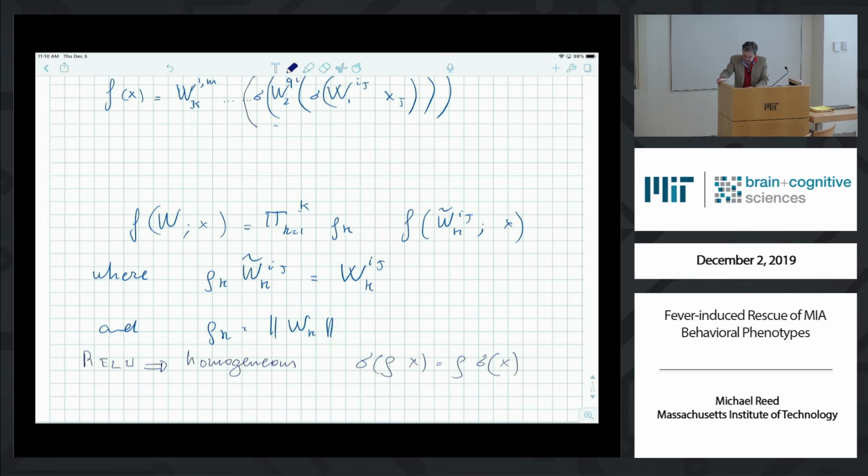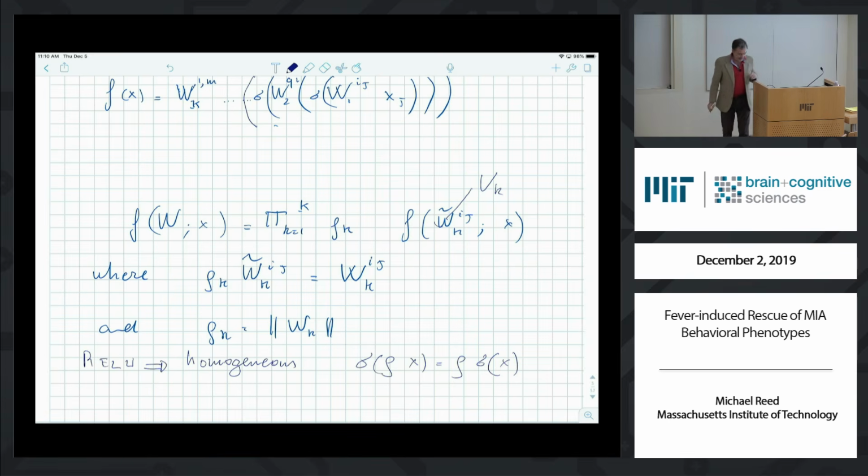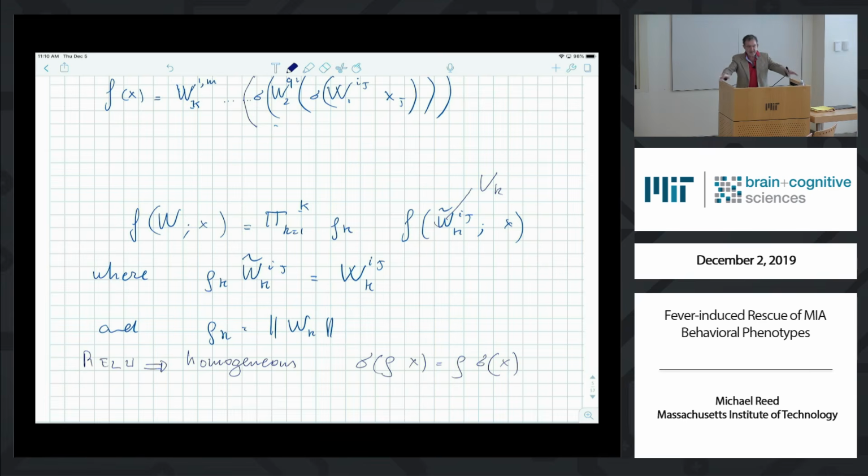I call W tilde here, which later I'll call V^k, the matrix at layer k normalized by the Frobenius norm of the matrix at layer k.